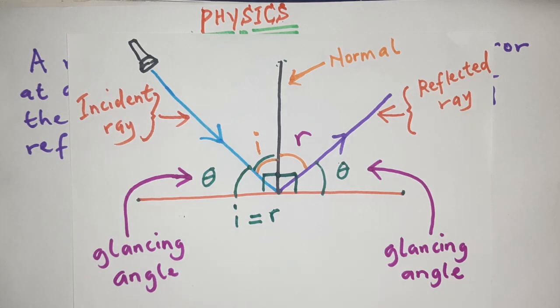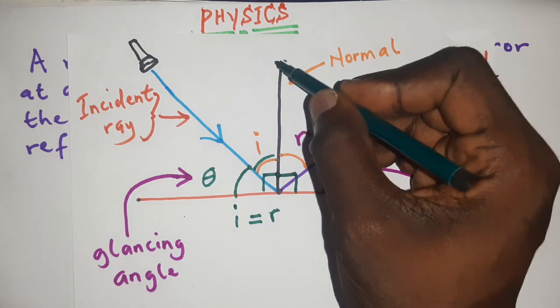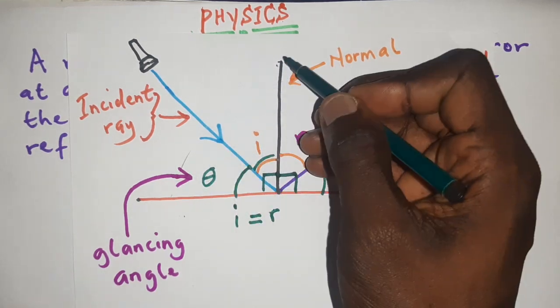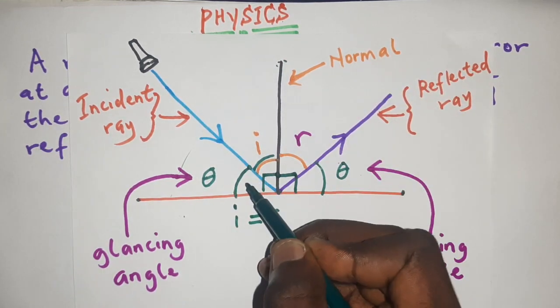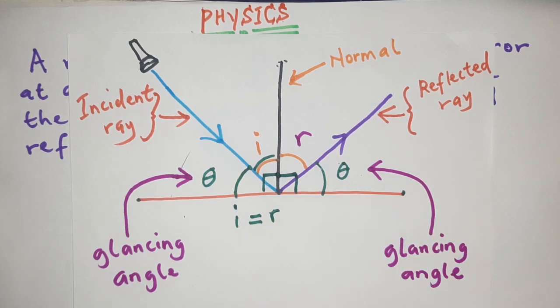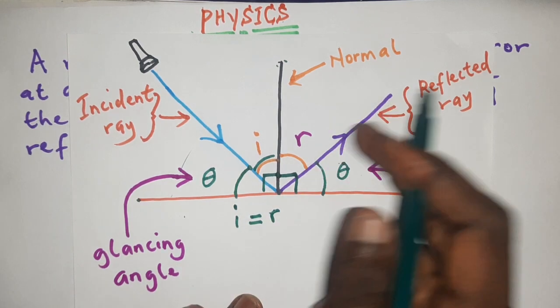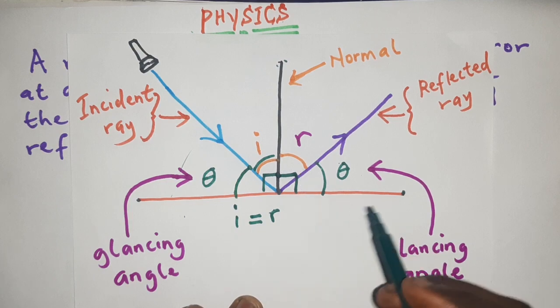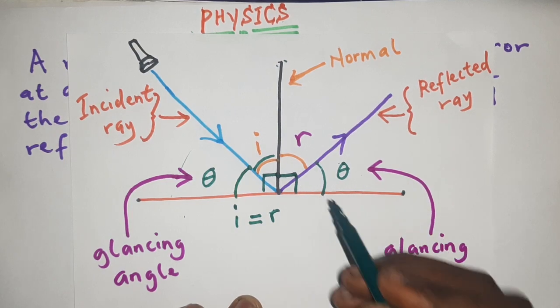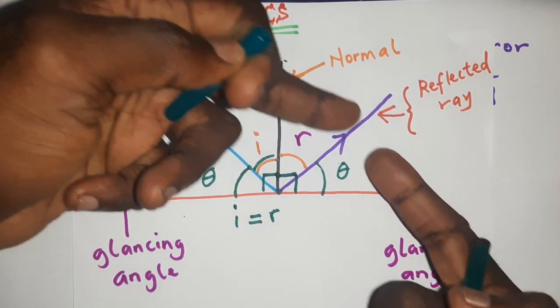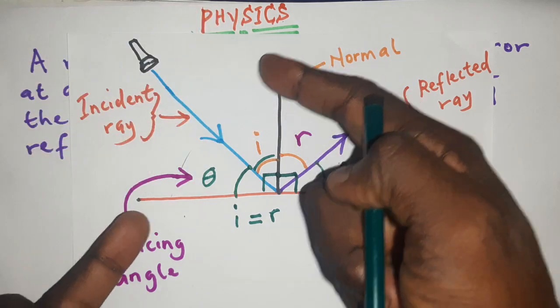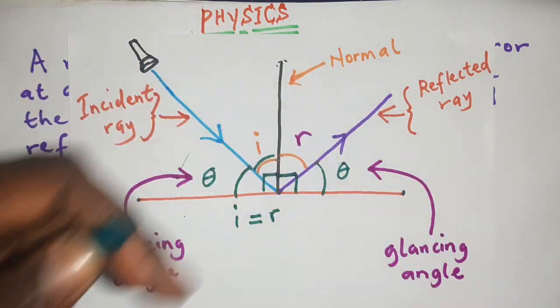Those 4 angles definitely will add up to 180 degrees. And don't forget that the angle of incidence plus the glancing angle adds up to 90 degrees. And on the right hand side again, the angle of reflection and the glancing angle on this other side also add up to 90 degrees. This one adds up to 90 degrees, this one adds up to 90 degrees.